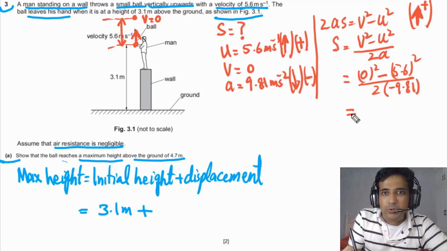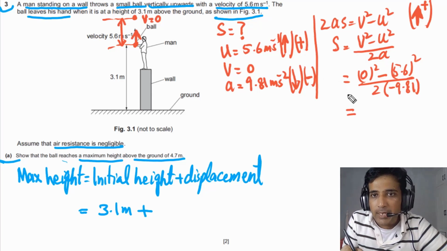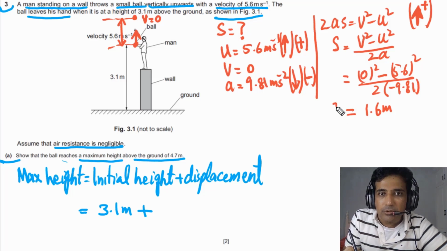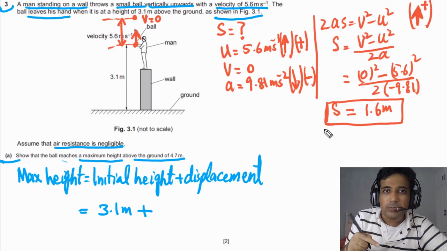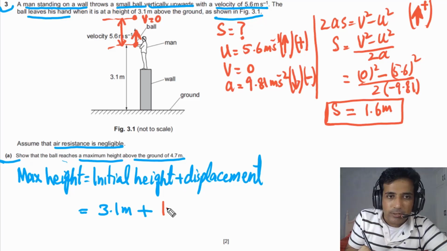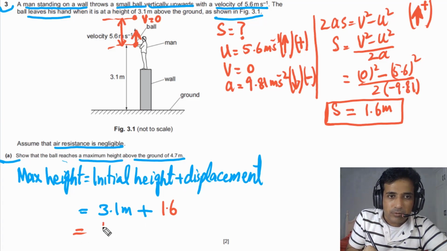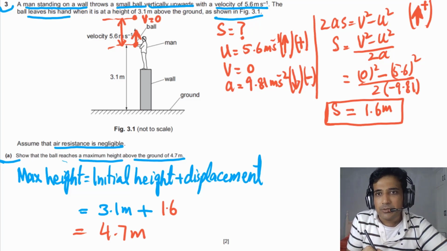Now if we solve this one, we can find the value of s, and the value of s in this case will be equal to 1.6 meters. This is the vertical displacement, and it is positive, so the displacement is vertically upwards. Now we have to write down this value here, 1.6. So the final answer in this case will be 4.7 meters, and this is the final answer.